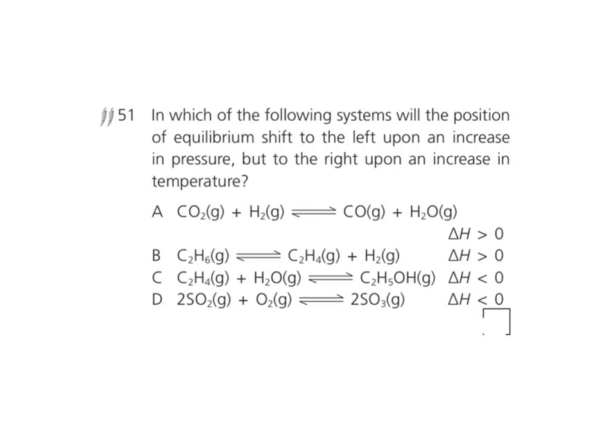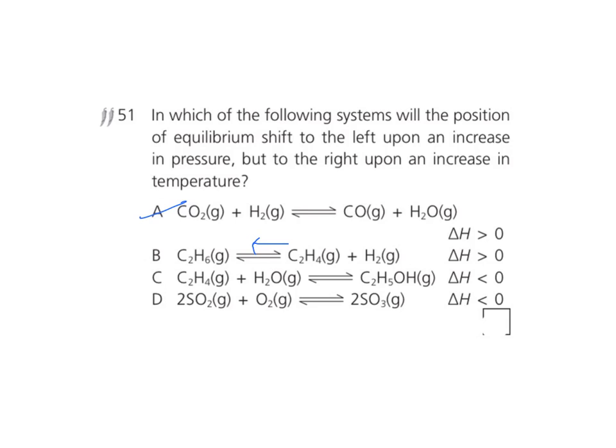In choice A, there's equal amounts of gas on both sides of that equation, so actually a pressure change there will do nothing to the equilibrium. So choice A cannot be correct. Choice B has 1 mole of gas on the left and 2 moles of gas on the right, so by raising pressure, we'll cause this equilibrium to shift backwards to reduce the amount of gas, so choice B is possible.